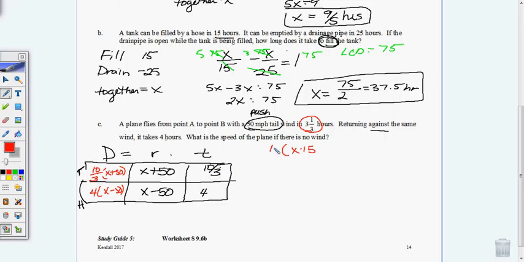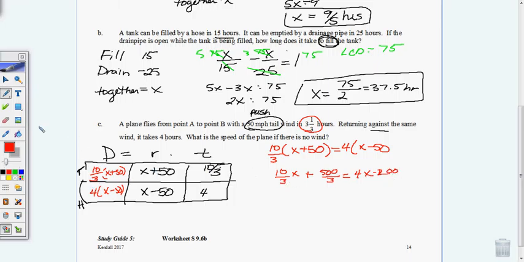And then let's make this 10/3 times x plus 50 equals 4 times x minus 50. So 10/3 x plus 500 thirds is going to equal 4x minus 200.